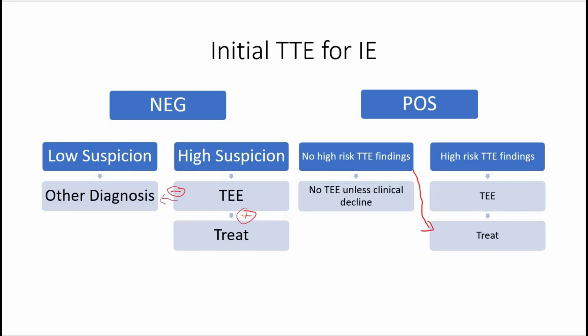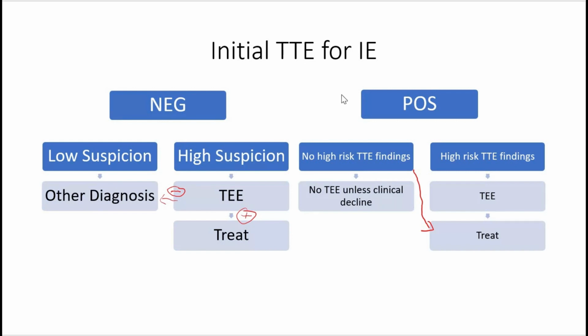Let's say you got the TTE and it's negative, then if you have low suspicion, then you have to consider other diagnoses. Or you still have high suspicion, then you will pursue a TEE. If it's positive, you treat it. If it's negative, then you will consider other diagnoses.